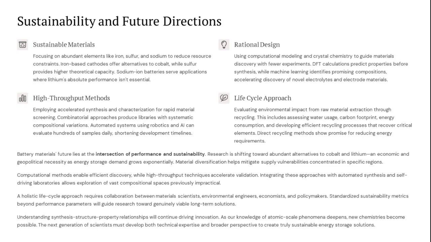However, finding suitable electrode materials and electrolytes for these larger, more strongly interacting ions presents significant challenges. The fundamental understanding of multivalent ion insertion mechanisms and transport remains less developed than for lithium systems.